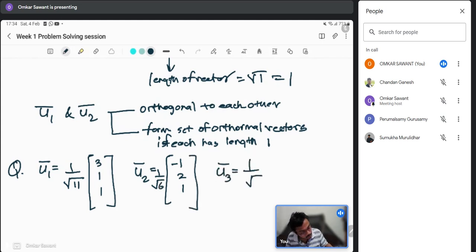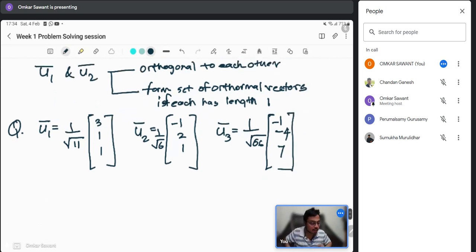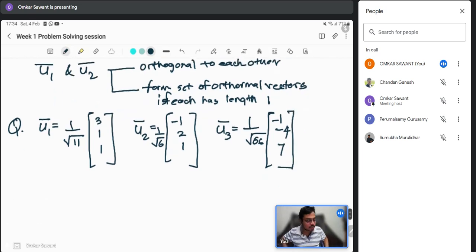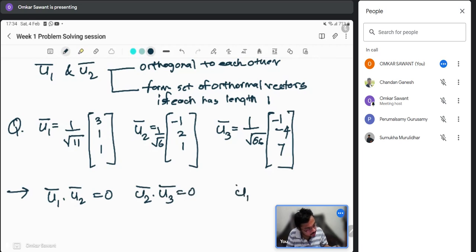Tell me whether all these three vectors are orthogonal to each other and whether all of these three form a set of orthonormal vectors. So first what you will check? You check it is 0, and this is 0, right?